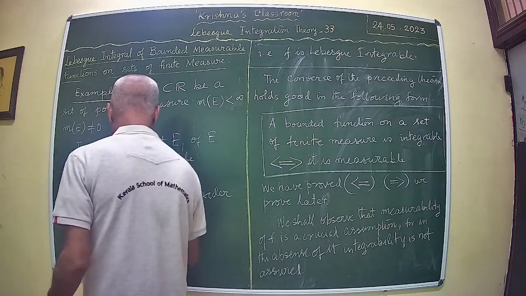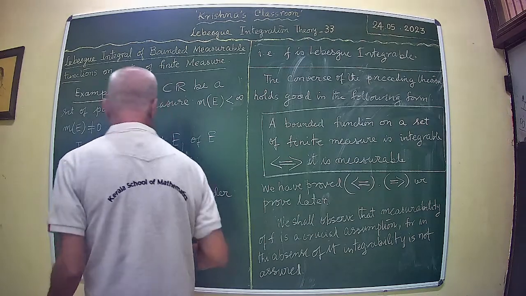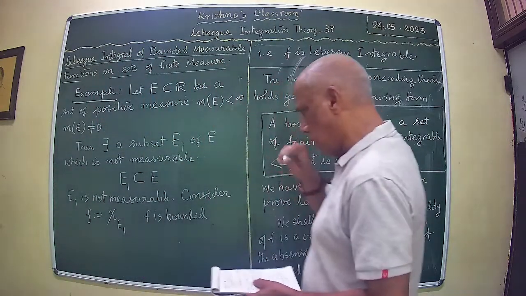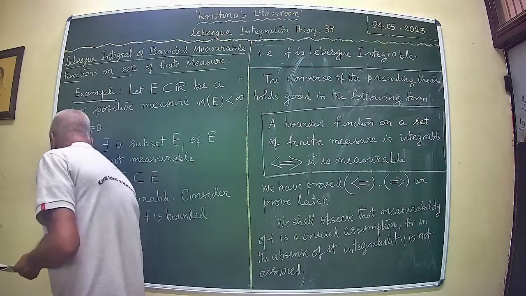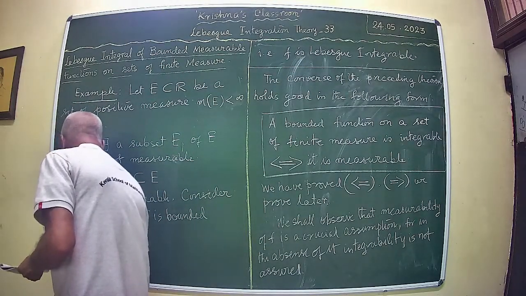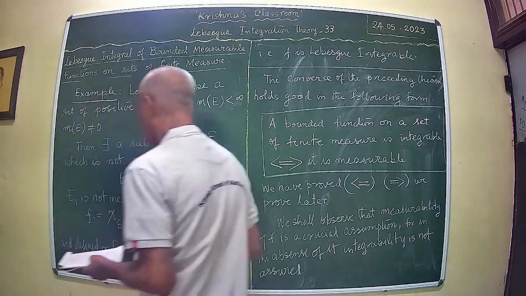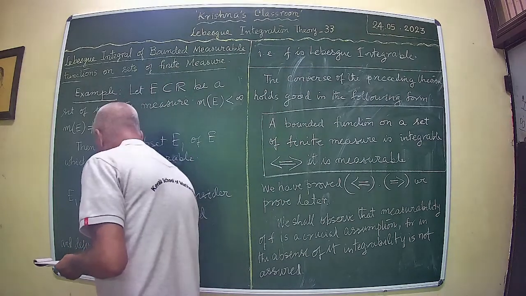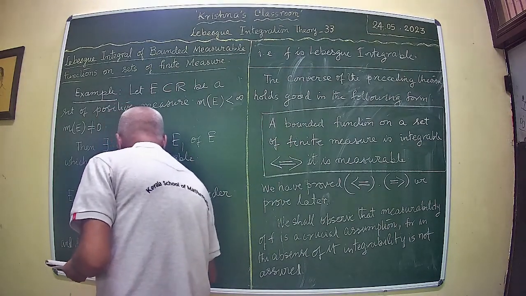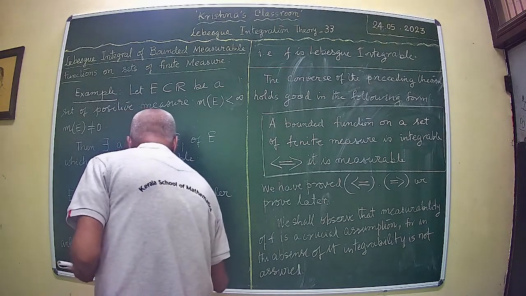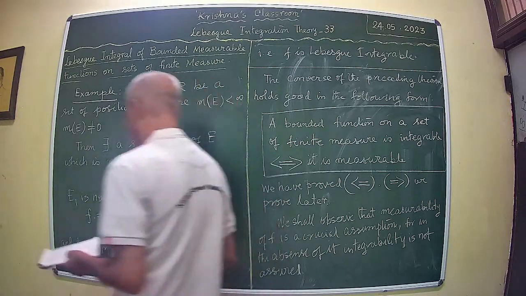F is bounded and defined on E, but not measurable, because E1 is not measurable.